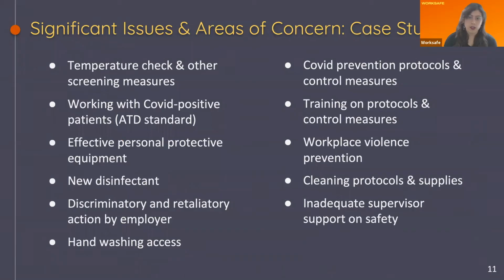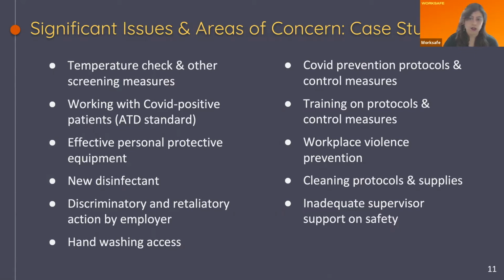So some significant issues and areas of concern, including a couple we'll talk about today, are temperature check and other screening measures. There is a problem with effective personal protective equipment, that Maria is working with COVID positive patients at a hospital, which means their protections fall into the ATD standard.